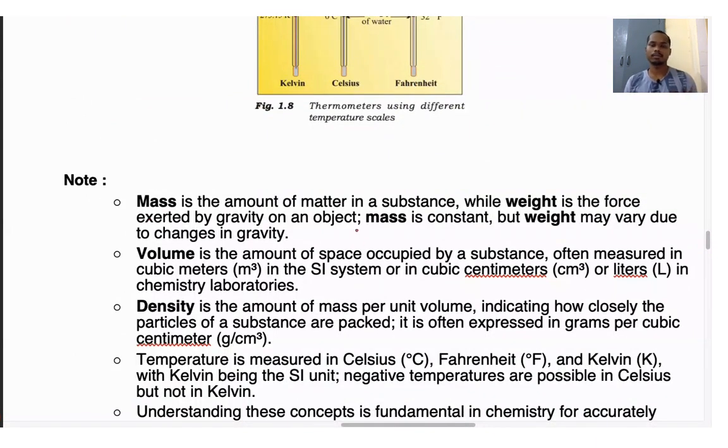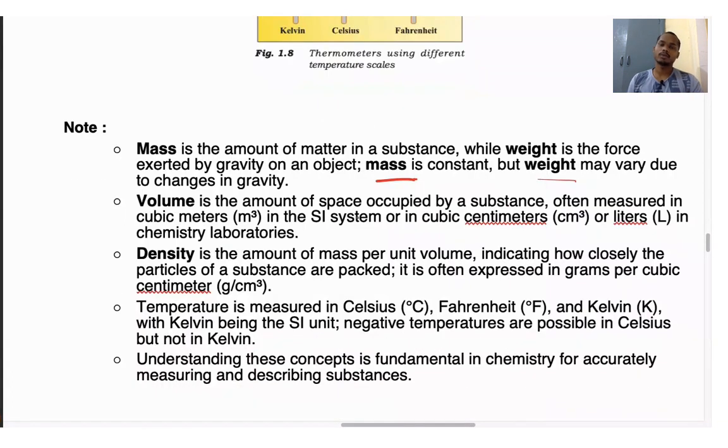Mass is the amount of matter in a substance, while weight is the force exerted by gravity on an object. Another important thing is that mass is constant, but weight may vary due to gravity changes. Volume is the amount of space occupied by a substance, often measured in cubic meter in the SI system, or in cubic centimeter for convenience, or liter if it is a liquid.